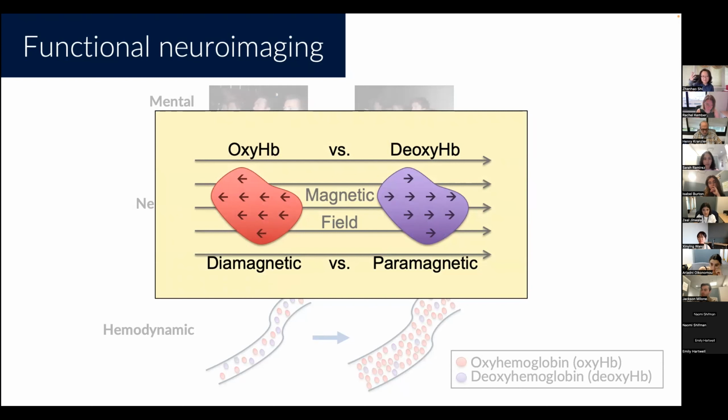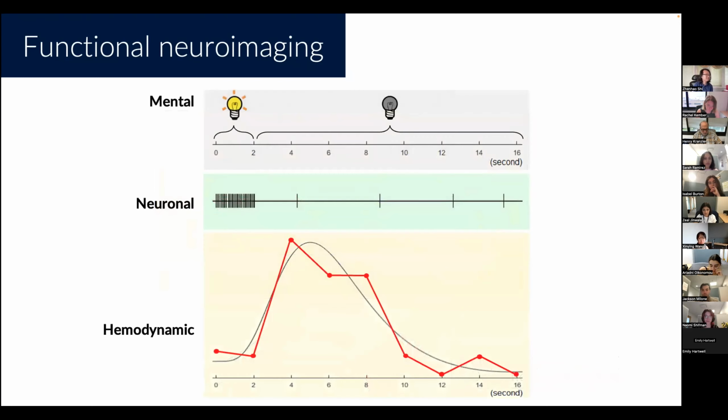As you have mental activity going on in your brain, certain brain regions have a change in the ratio between the two hemoglobins, and it will be detected by the MRI scanner. As an example, let's say you have a visual stimulus: you turn on a light in a scanning room for 2 seconds and then turn the light off.